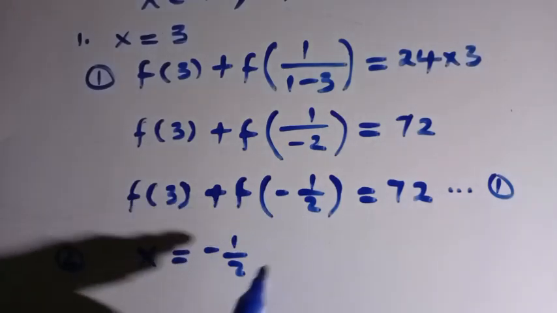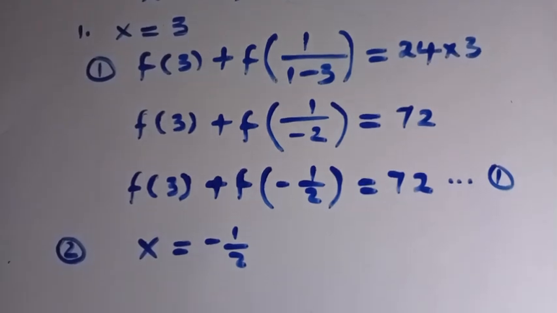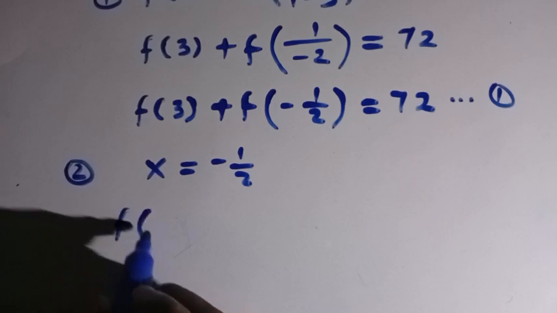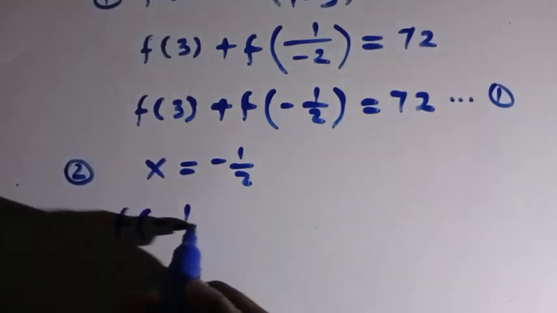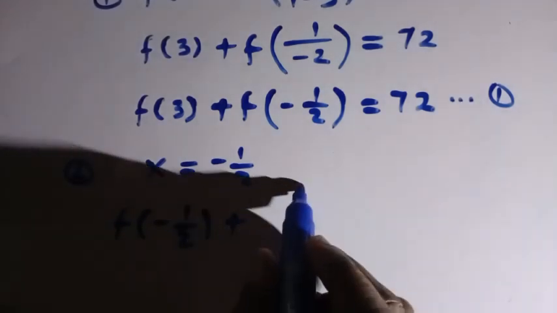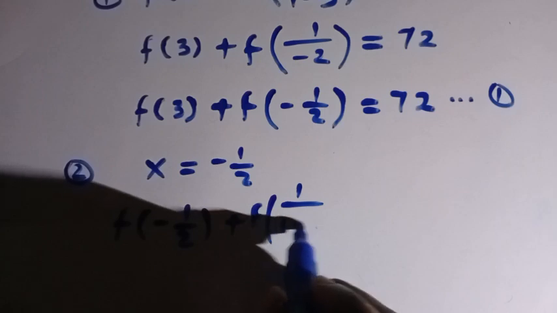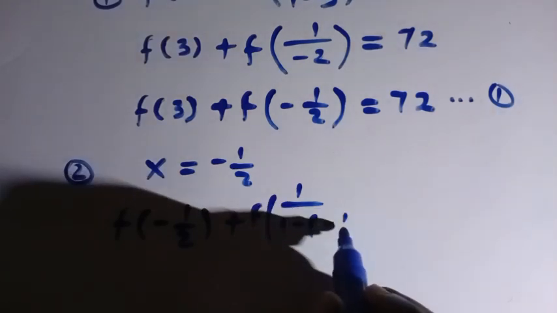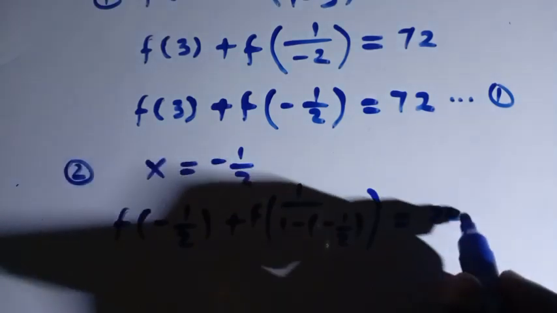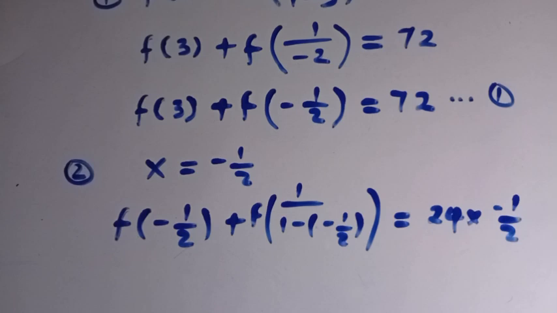So let's replace x with minus 1 over 2 and substitute into the original equation. So f of minus 1 over 2 plus f of 1 divided by 1 minus, open bracket, minus 1 over 2, equals 24 multiplied by minus 1 over 2.